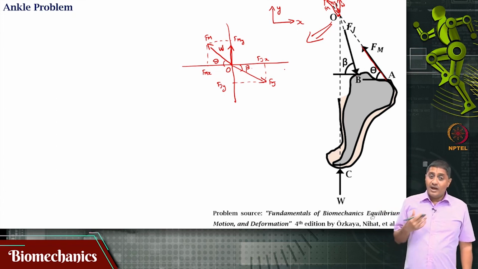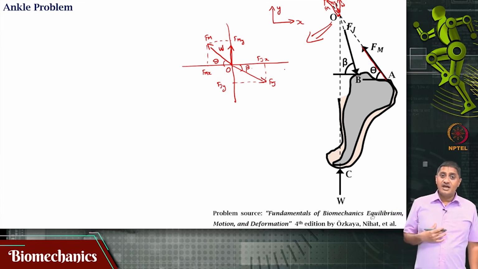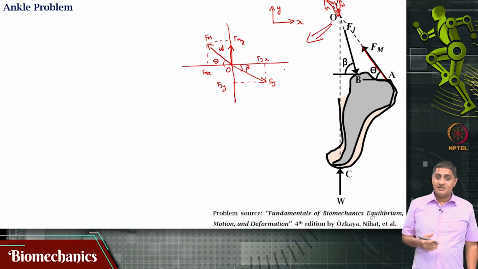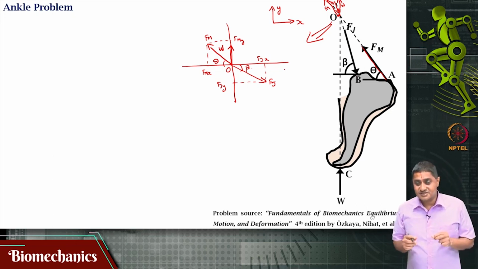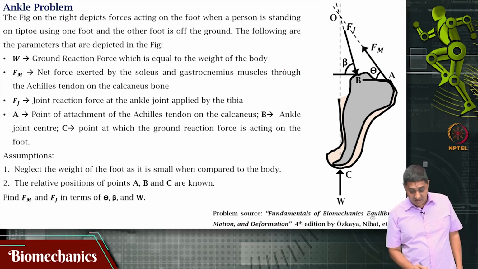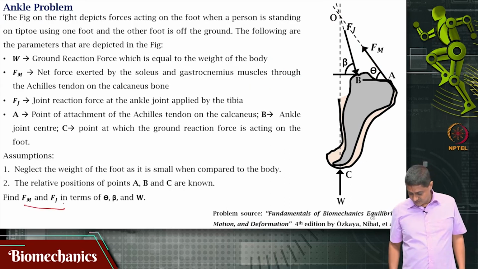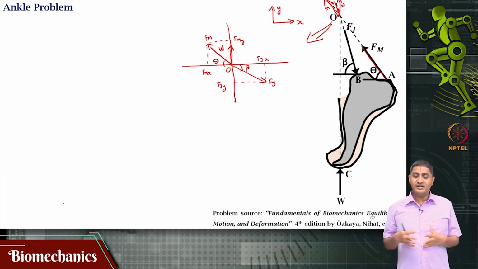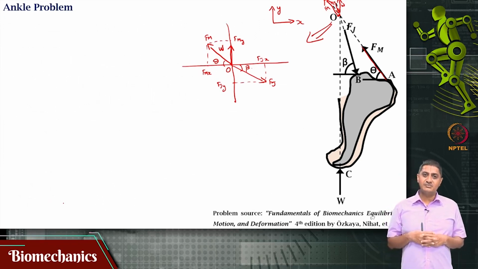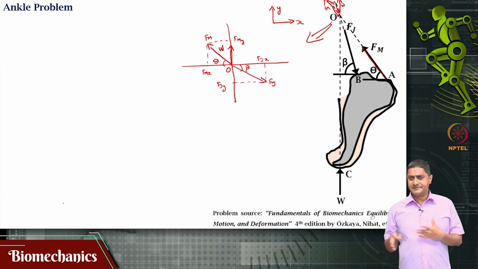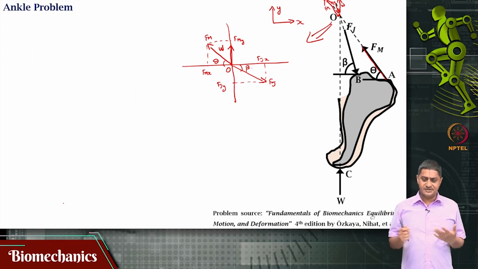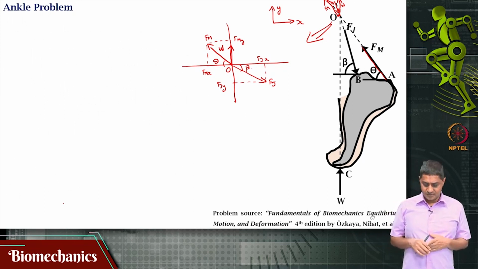Now, I can find Fm and Fj. That is the question that is asked for us. The question is find Fm and Fj. Let us go back and verify what is the question. Find Fm and Fj, that is the question. Okay. So, I can find Fm and Fj in terms of theta, beta and other things and W, etc. Right, W is known.